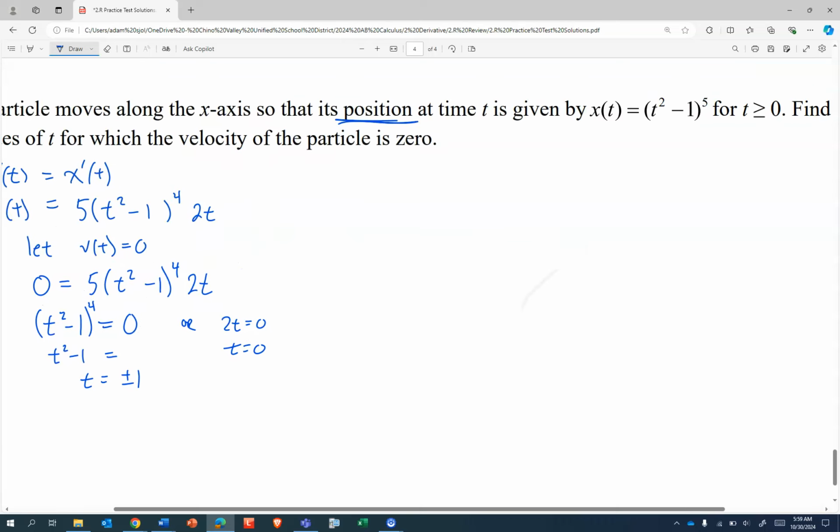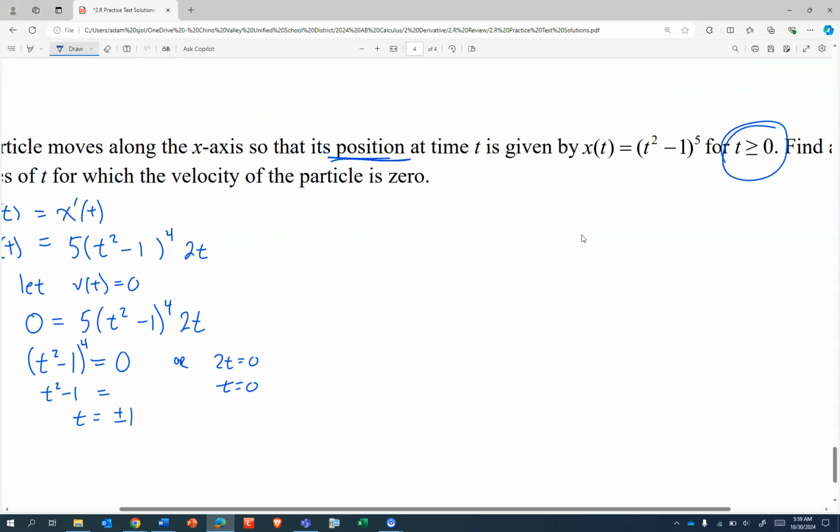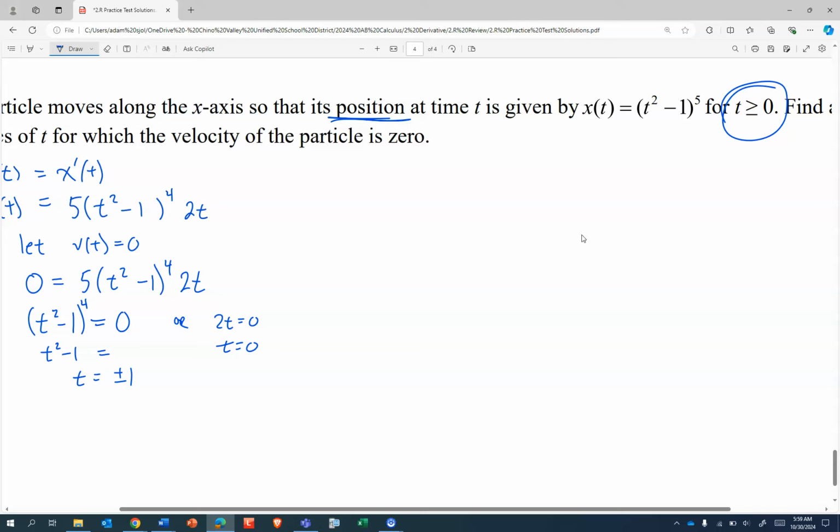And we reject the negative 1 since we're saying time is greater than 0. The velocity of the particle is 0 for t equals 0, t equals 1. Cool. Hope that helps.